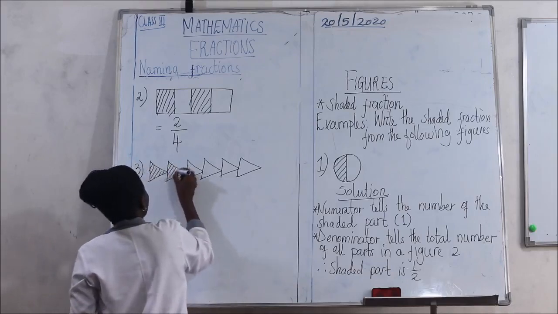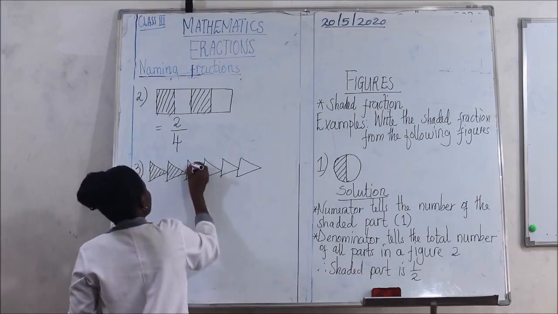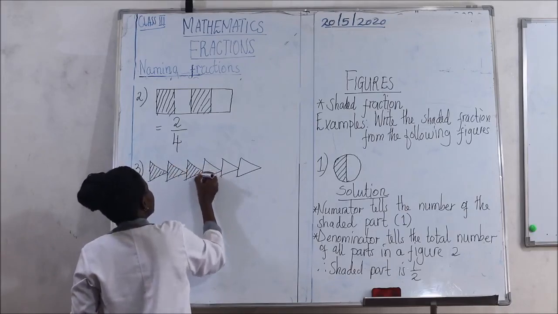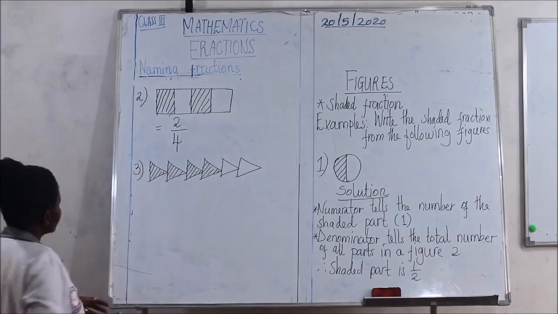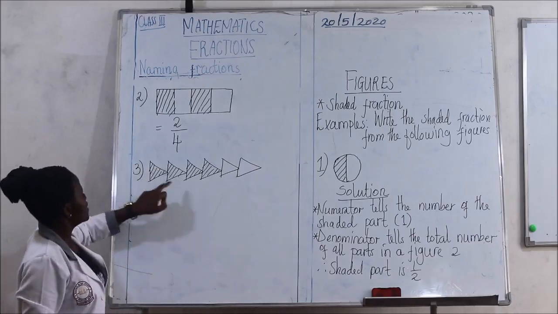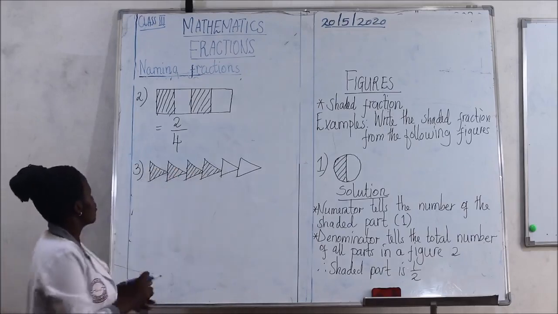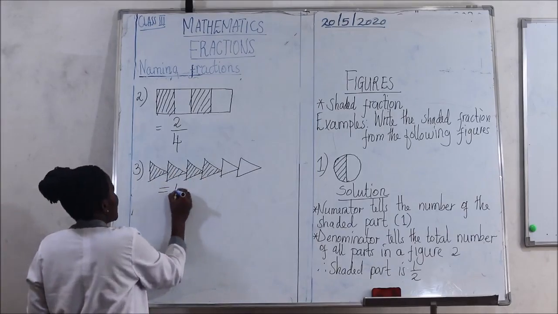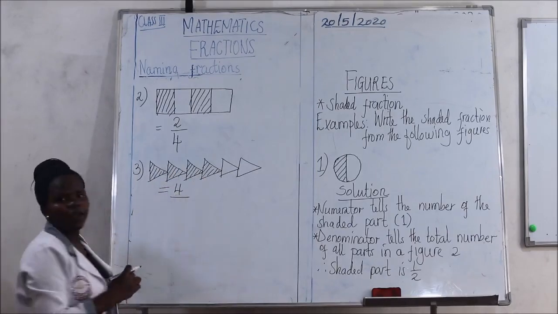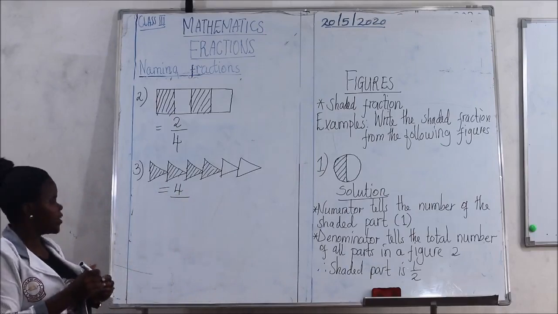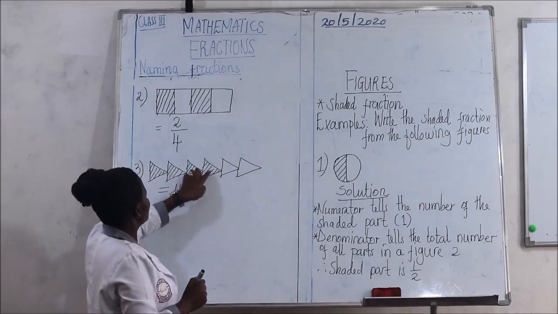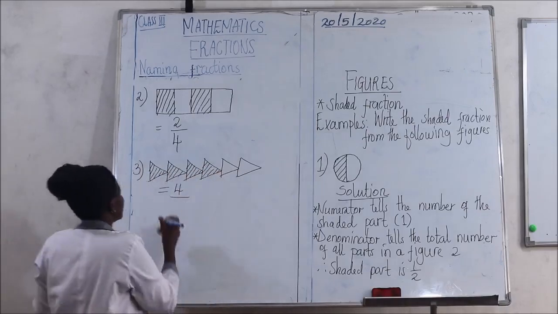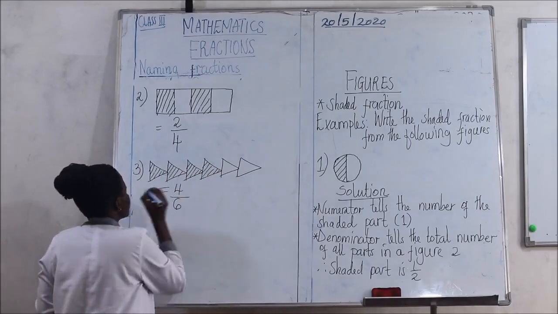Again, we have the second one which is shaded, the third one which is also shaded, and this one here is shaded. So if we want to write the fraction, we do the same. You count the number of the shaded parts, 1, 2, 3, 4. So the numerator will be 4. Then for the denominator you count all the parts of the given figure. We have 1, 2, 3, 4, 5, 6. So here it will be 4 out of 6.